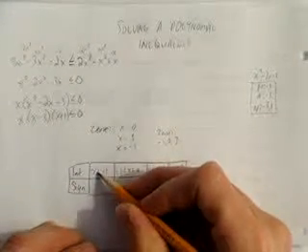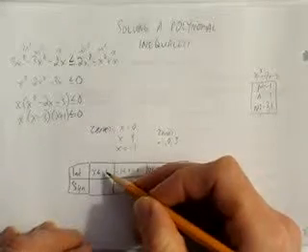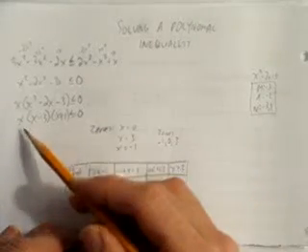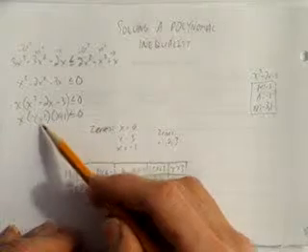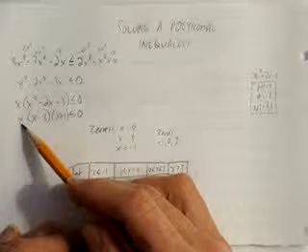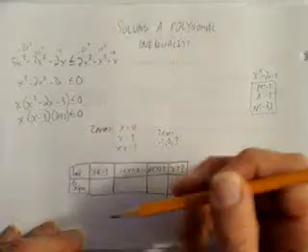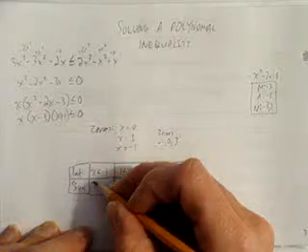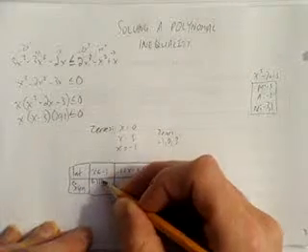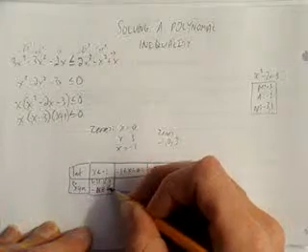So when x is less than negative 1, sub in something really negative, like negative 10. If you put negative 10 into this, you'll get a negative here from negative 10, and negative 10 minus 3 is going to be negative, and negative 10 plus 1 is going to be negative. So you get a negative times a negative times a negative, which will give you a negative.